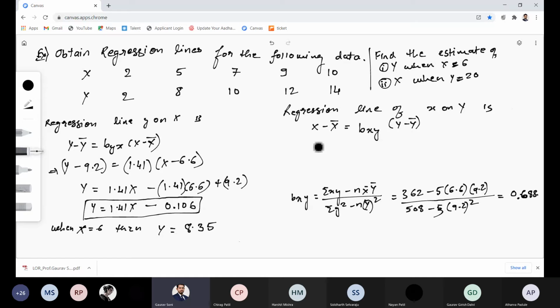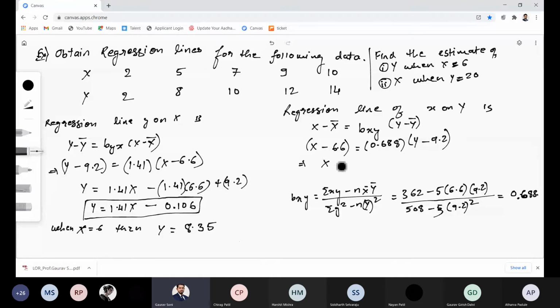Let's put the values. x minus 6.6 is equal to bxy, which is 0.688, times y minus 9.2.